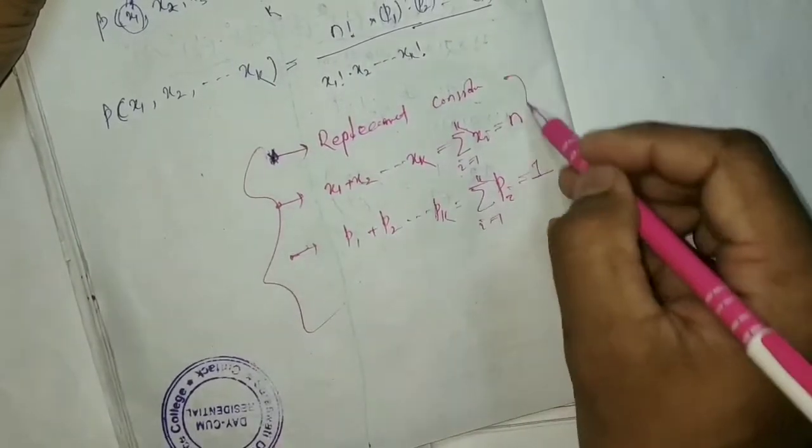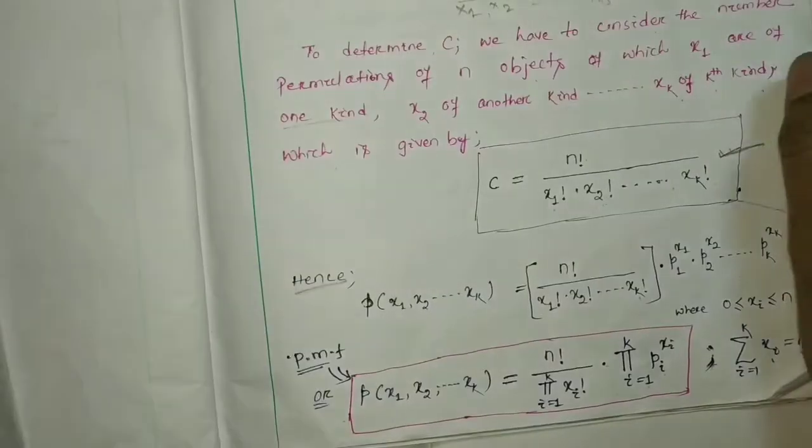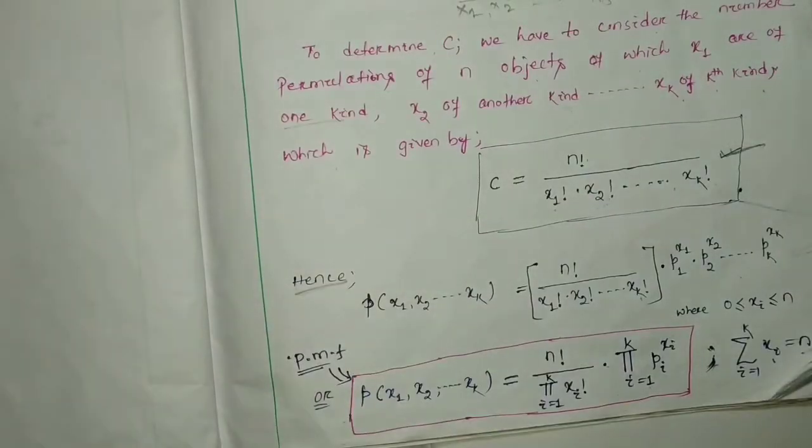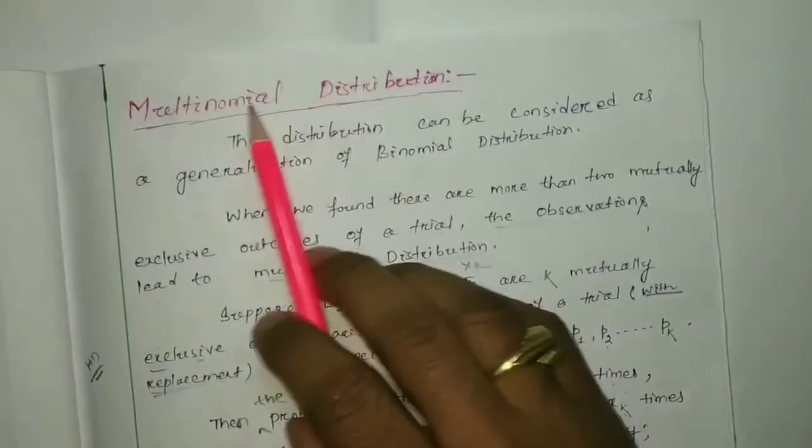These 3 conditions you have to keep in mind whenever you solve a multinomial distribution problem. So here we found the general PMF of the multinomial distribution.